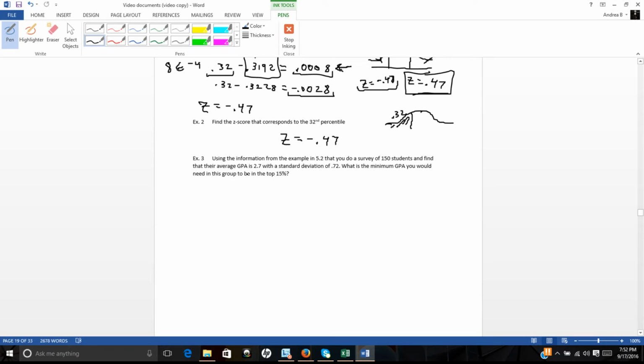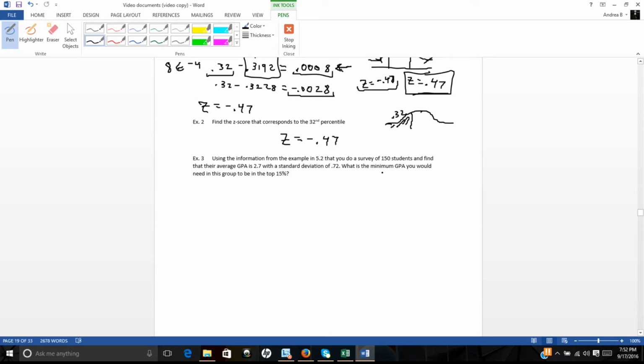For example 3 here, we're using this example that we did in section 5.2, where we did a survey of 150 students, and we had an average GPA of 2.7 and a standard deviation of 0.72.